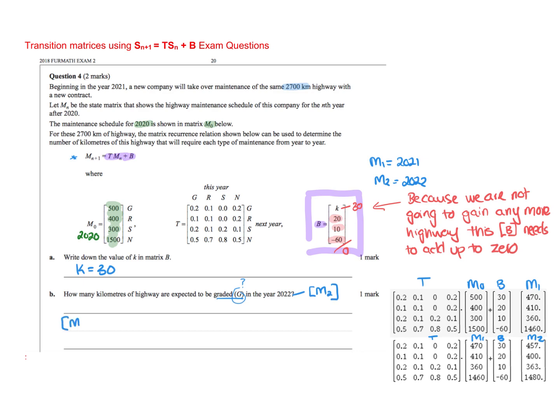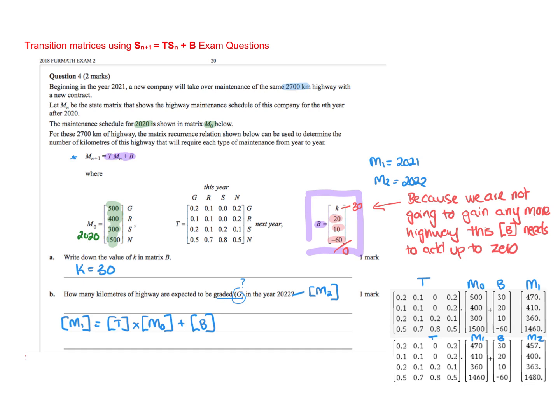So I'm first going to find M1 by using the transition, using their formula, and they said to use the one before, which they gave me, M0, and then we're going to do plus B. So here you need to show what your K is and show your working out. In case you stuff that up, the examiner will give you consequential marks. They're just going to pop your answer in there.